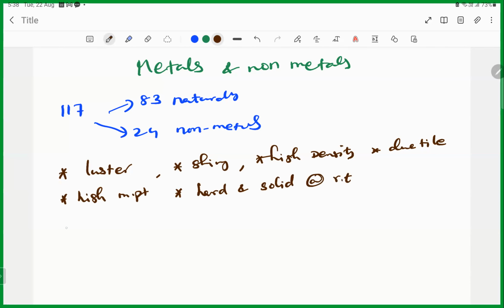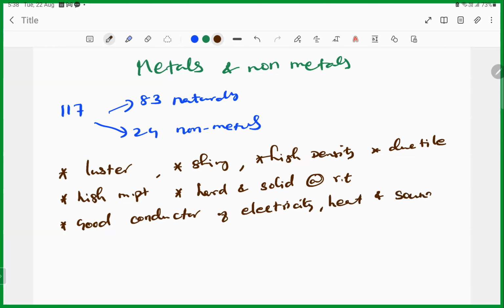They are good conductors of electricity, heat and sound. They have high tensile strength. So these are the physical properties of metals.